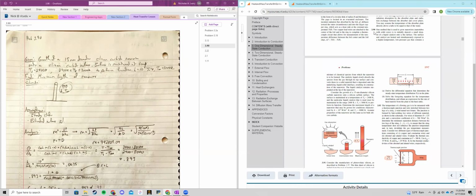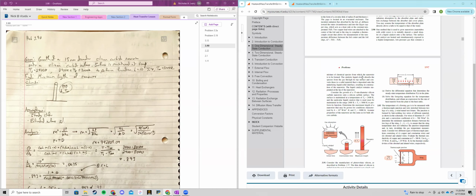So, reading from this question, it says, one method that is used to grow nanowires or nanotubes with solid cores is to initially deposit a small droplet of liquid catalyst onto a flat surface. The surface and catalyst are heated and simultaneously exposed to a higher temperature, low pressure gas that contains a mixture of chemical species from which the nanowire is to be formed.